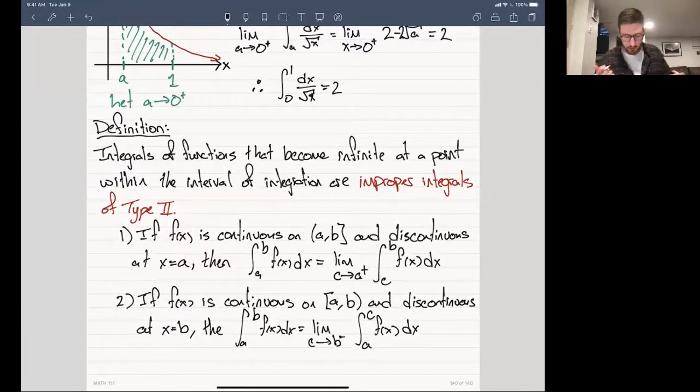Okay, so that handles the 2 cases where you have discontinuity at one of the end points.